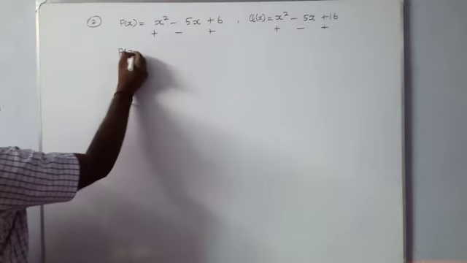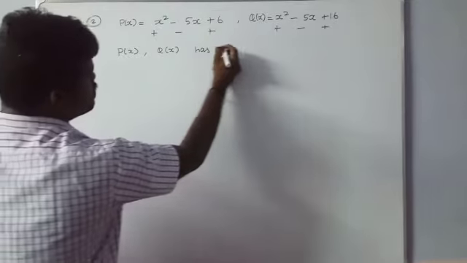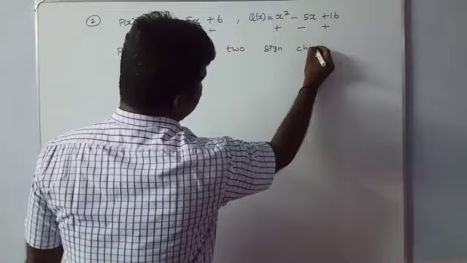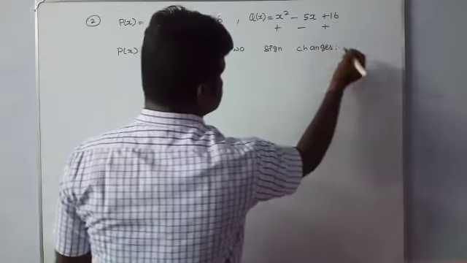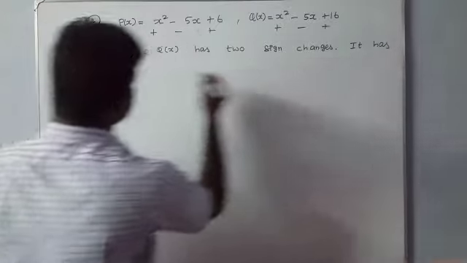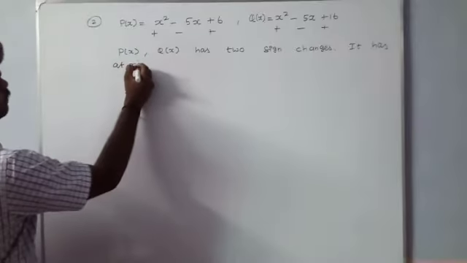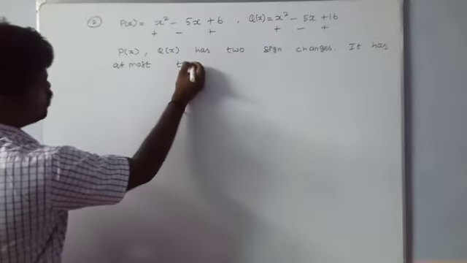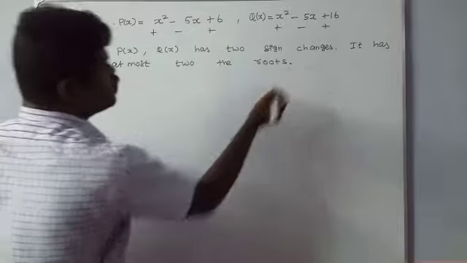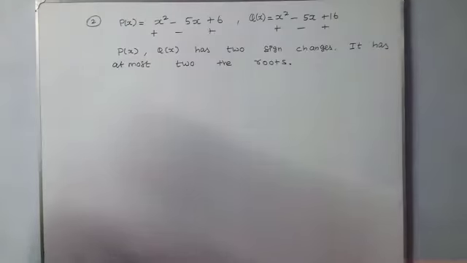P of x and q of x have two sign changes, so each has at most two positive roots.